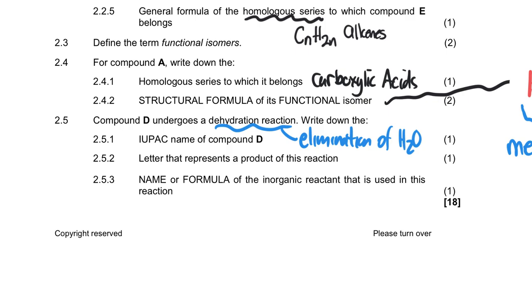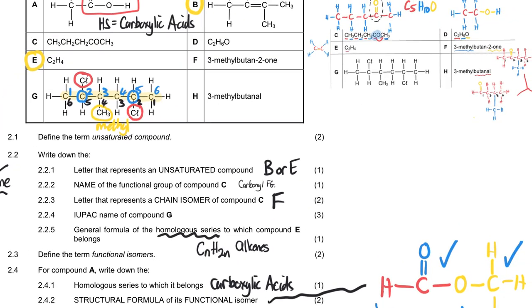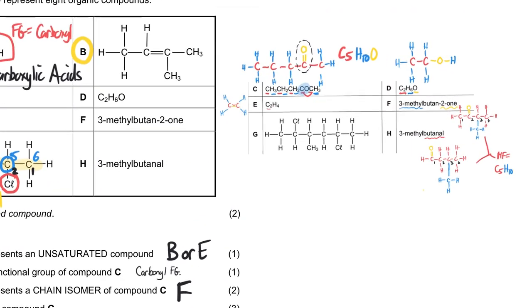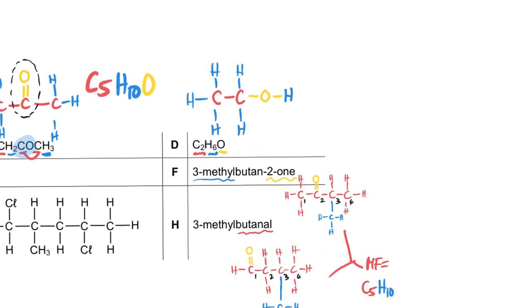If we look at D, we see that D is in actual fact an alcohol, right? If we had to eliminate that, then this is actually going to produce an alkene.